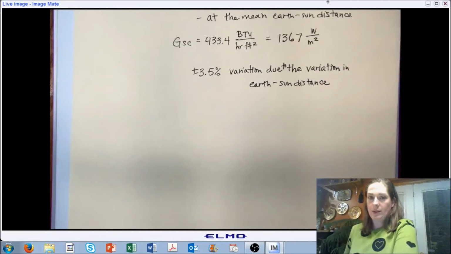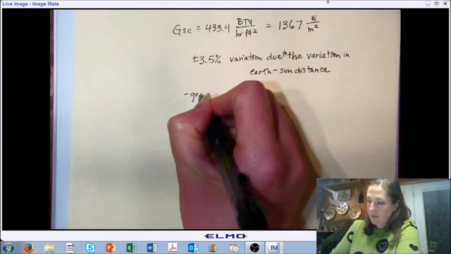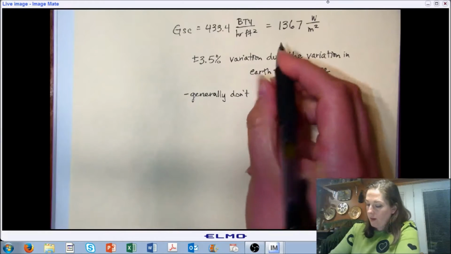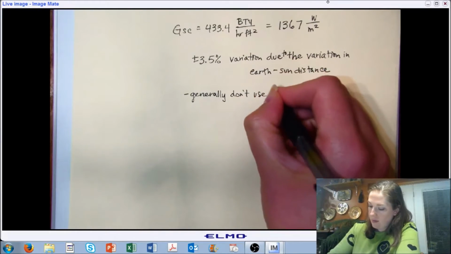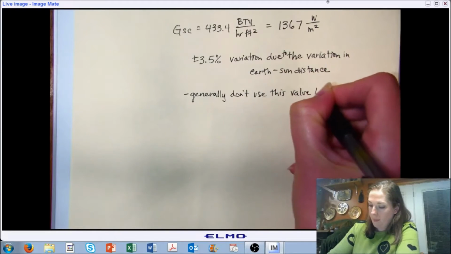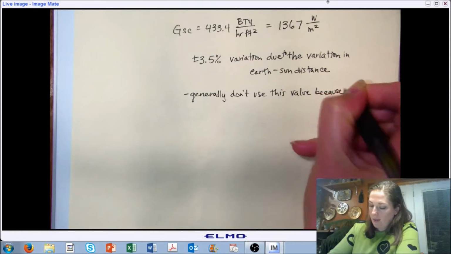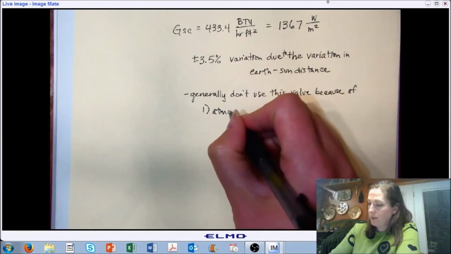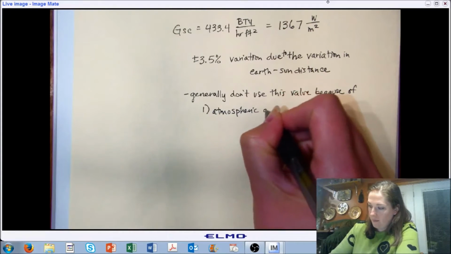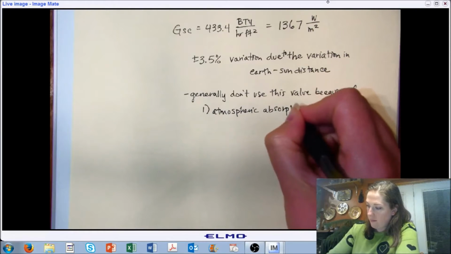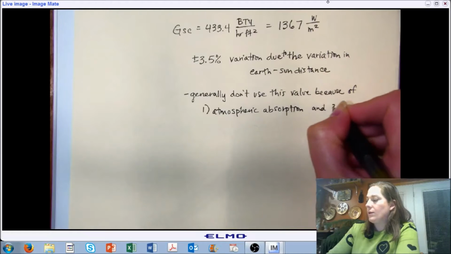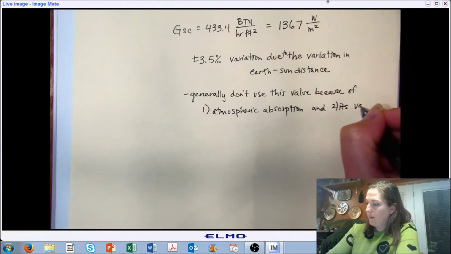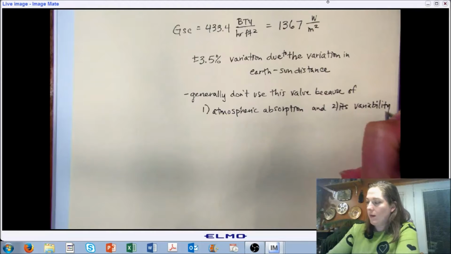However, I'm sure you've already recognized the problem with this. We generally don't use this value because it doesn't take into account the effects of atmospheric absorption, and as we just mentioned, the variability of this value depending on the distance between the Earth and the Sun.